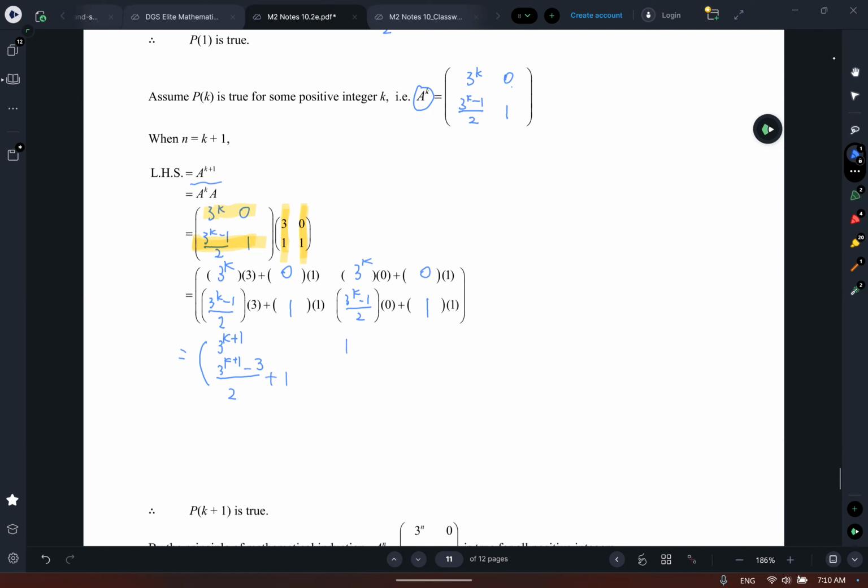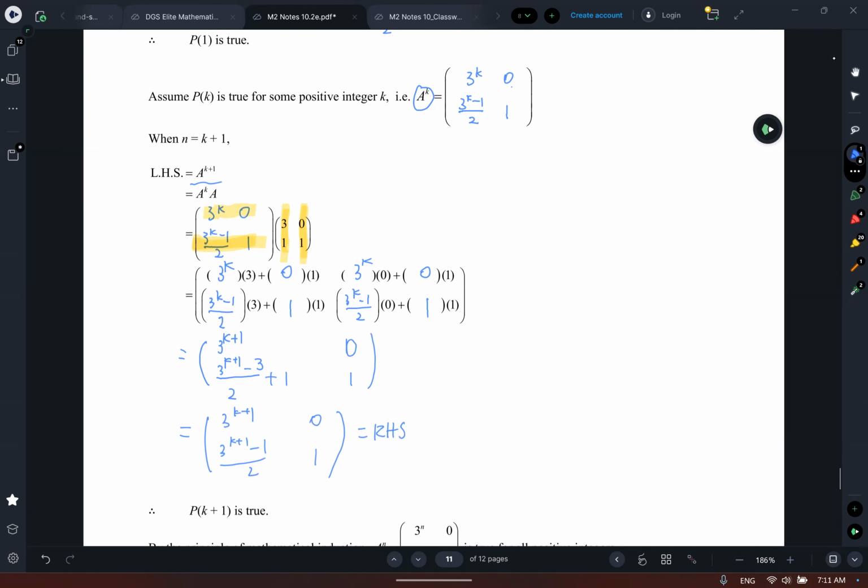And this one is 0. And this one is 1. And that is equal to 3 to the k plus 1, 0, (3 to the k plus 1 minus 1) divided by 2, 1. So after calculation, it is equal to the right-hand side.